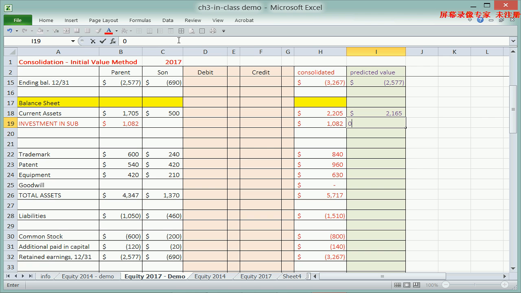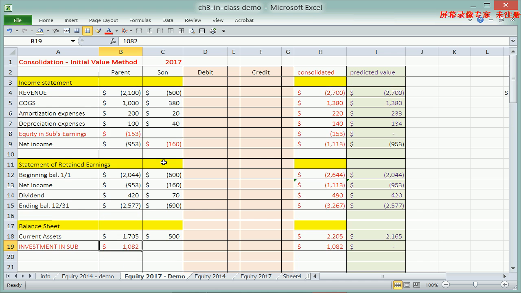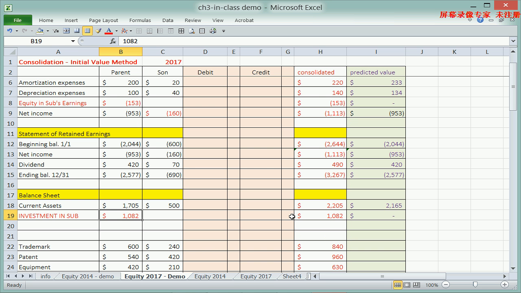Okay. Investment in sub should be 0. We talk about this all the time because of the double counting issue. The investment basically includes the retained earnings 1/1 before acquisition of the sub, and all these years' increase from net income and decrease from dividends, which is basically also the beginning balance of the retained earnings of the sub. Basically it's the net assets of the subsidiary and the fair value excess of all the individual assets and liabilities plus the goodwill.